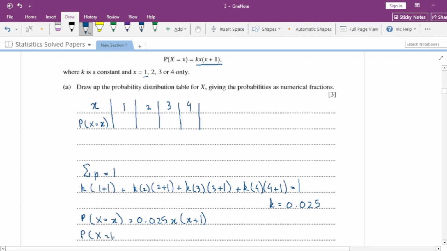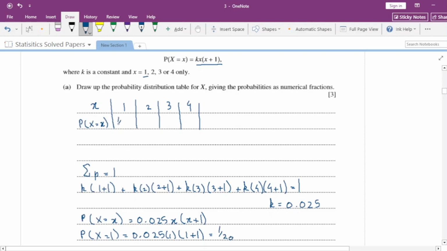Suppose I'm going to start with 1. P(X = 1) = 0.025 times 1 times (1 + 1), and that will give me 1 over 20.